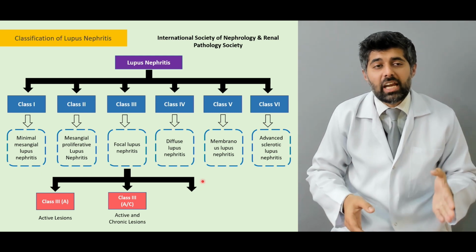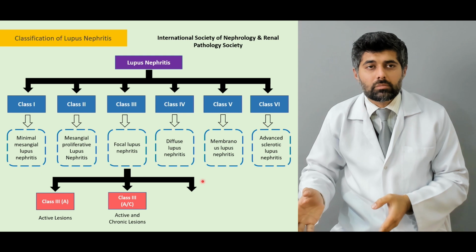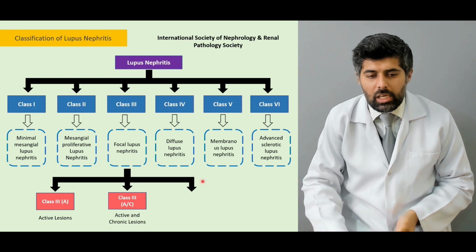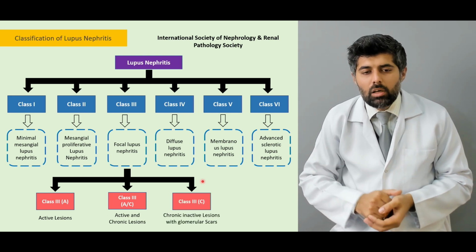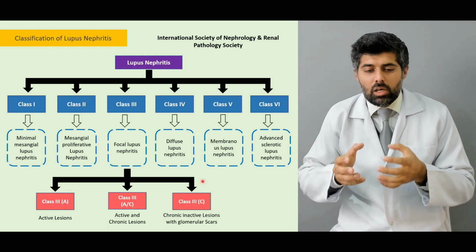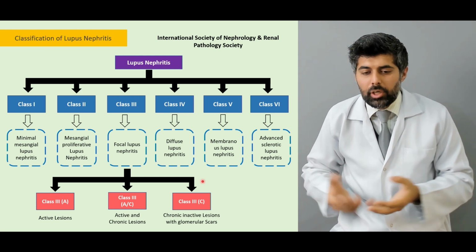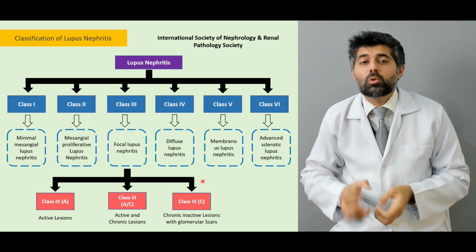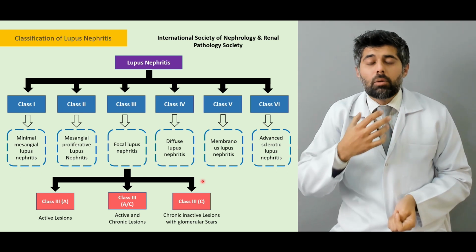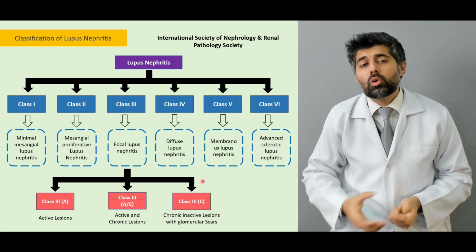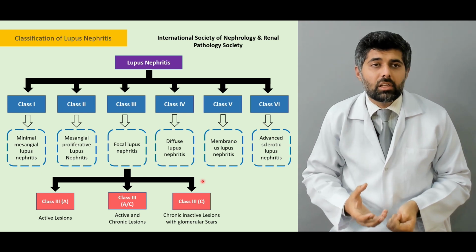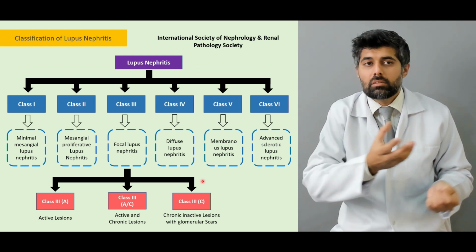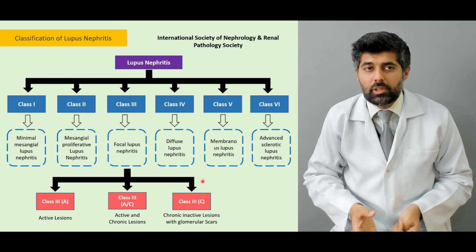So we see both the active and the chronic component of the focal lupus nephritis. In class 3C, which is called the chronic inactive lesions with glomerular scars, we do not see any focal proliferative nephritis. We only see sclerosing nephritis, that there is permanent focal scars in the glomeruli of the kidney.